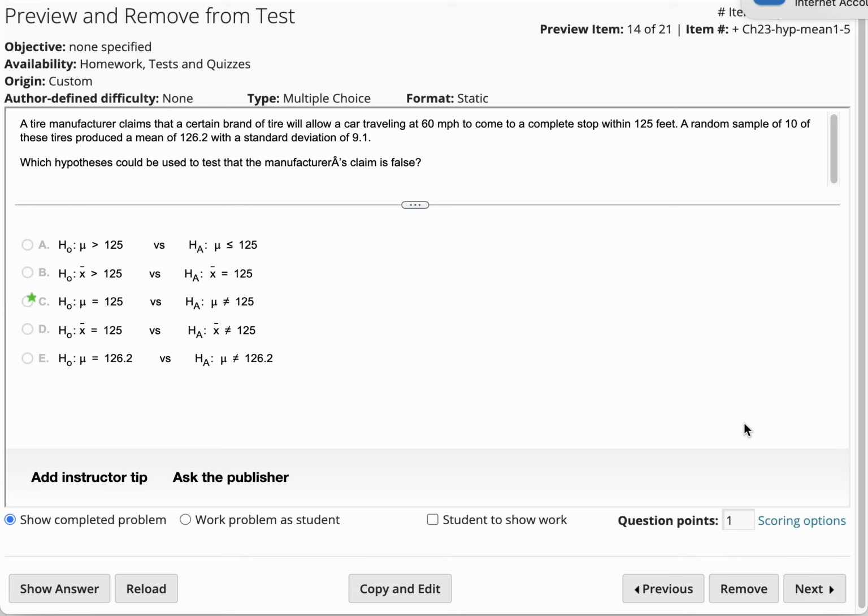Which hypothesis is used to test that the claim is false? False. So the manufacturer is putting out that number, it stops in 125 feet, and we're testing the claim that it's false. So that would be a not equal to alternative.